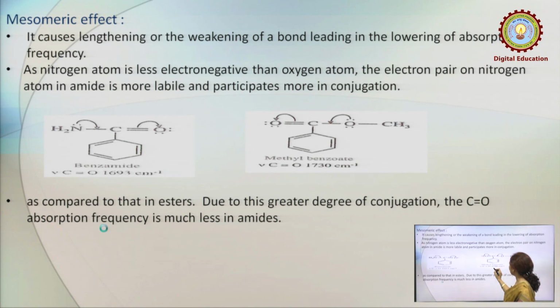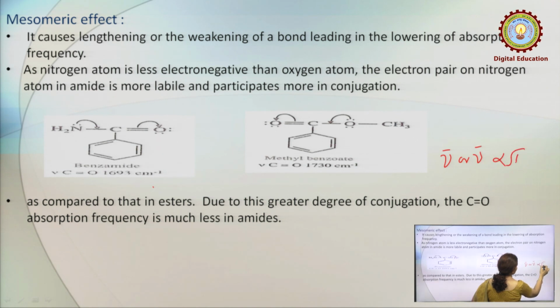In methyl benzoate conjugation also takes place, but it takes place more in benzamide. As conjugation increases, absorption frequency decreases in the amide. Lengthening or weakening of the bond causes the force constant to decrease, and the wave number of absorption is directly proportional to the force constant.